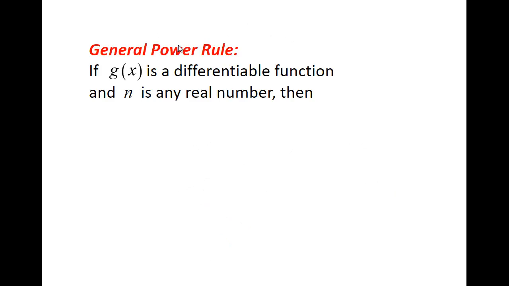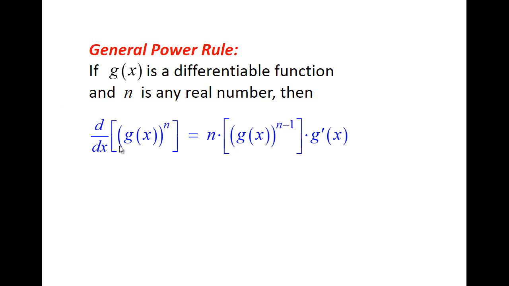So here is the general power rule. If I have a function g of x to the power n, then the derivative of that is equal to n g of x to the n minus 1 multiplied by g prime of x.